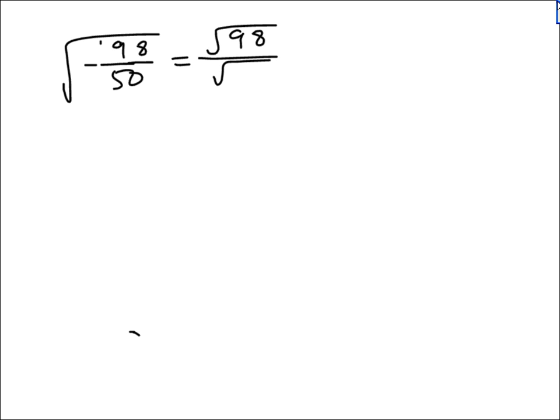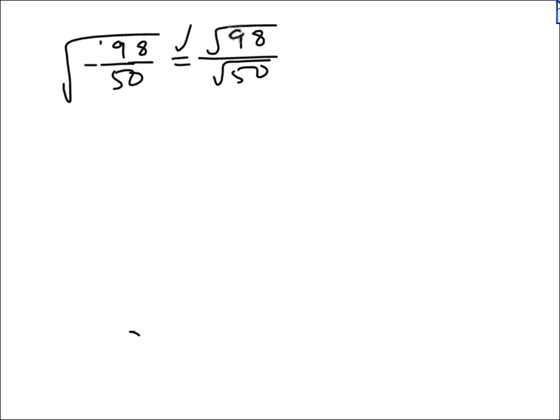For example, suppose you have the square root of 98 over 50. Now, yes, this does equal the square root of 98 divided by the square root of 50. Absolutely. But I don't know the square root of 98, and I don't know the square root of 50.